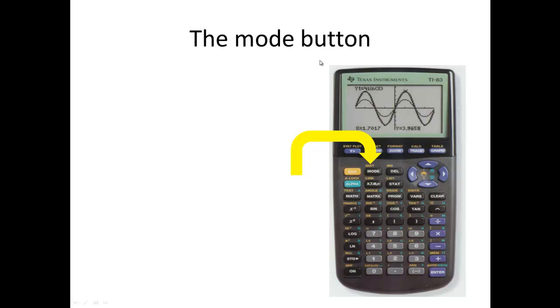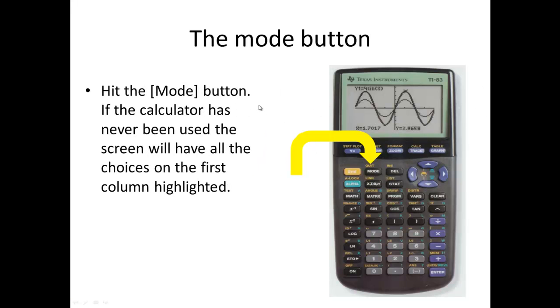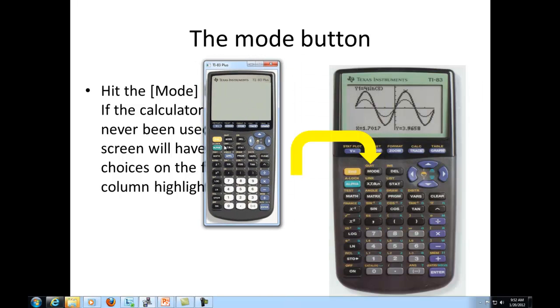Okay, next section, looking at the mode button. The mode button is set up in a default for the calculator, if it's never been used, where all of these areas are highlighted down the left.